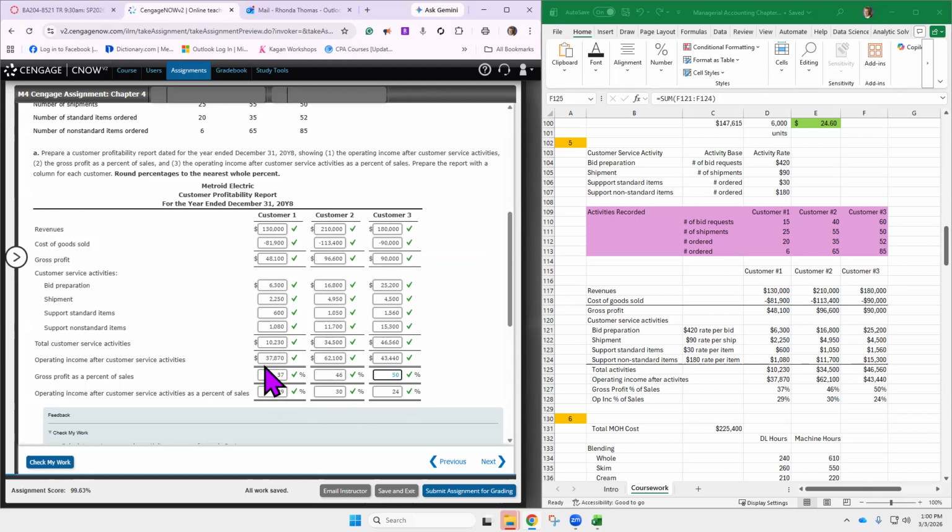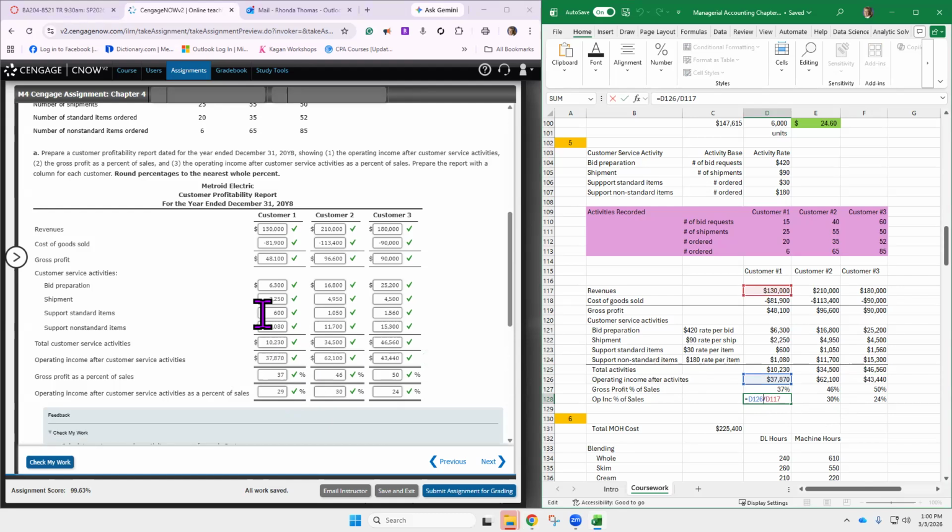Now we're going to take the operating income and subtract it. Wait, nope, this is the total service activities. Okay, total service activities. So if you take operating income after activities, here is the total of the activities for this line.